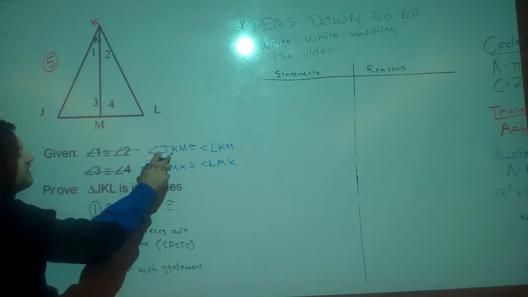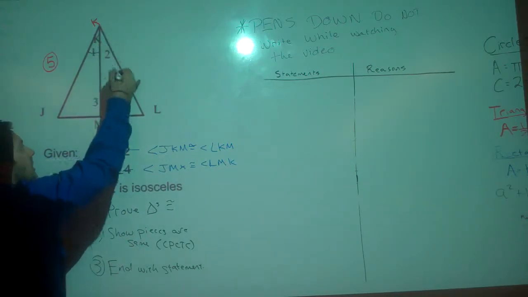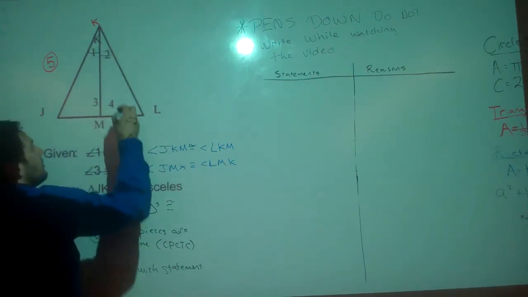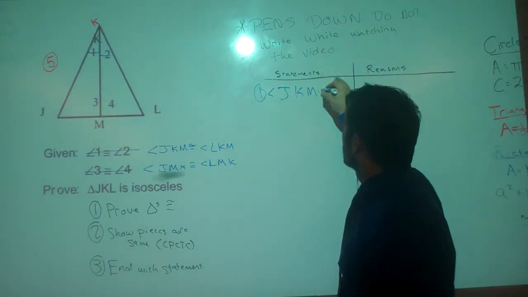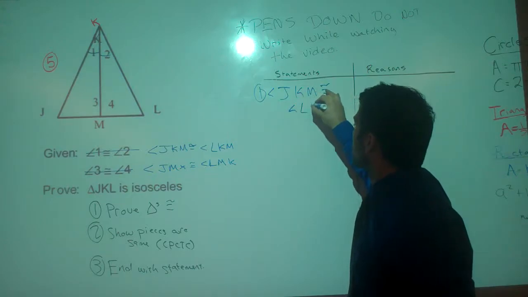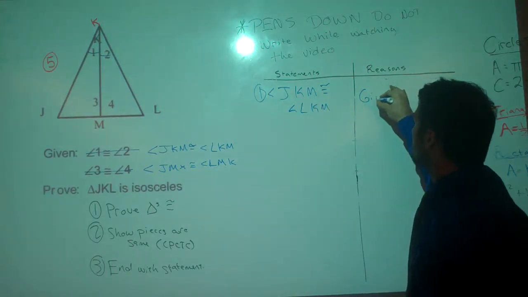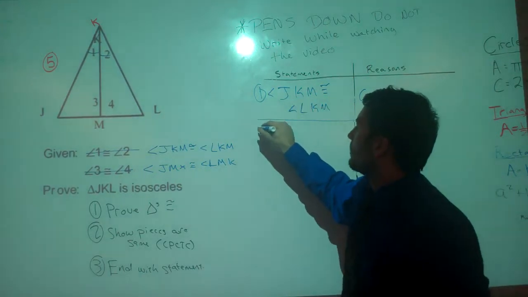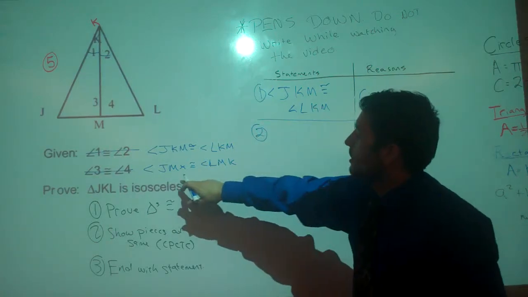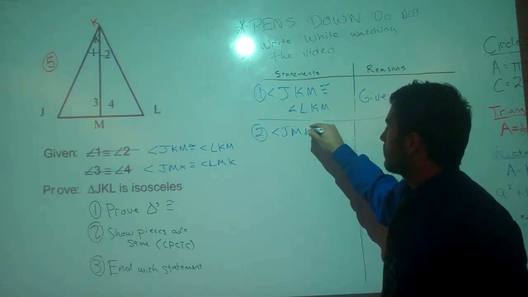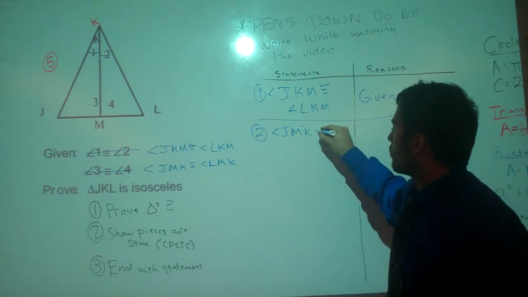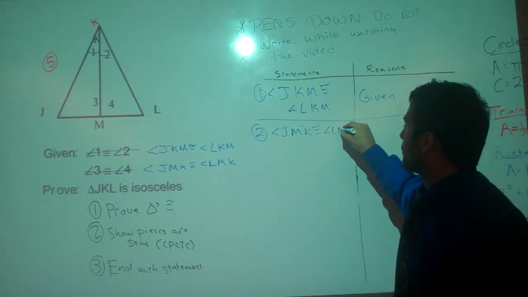My first given is that angle JKM is the same as angle LKM. I'm going to write this in my proof. The second thing is that the other set of angles is given as being congruent. Angle JMK is congruent to angle LMK.